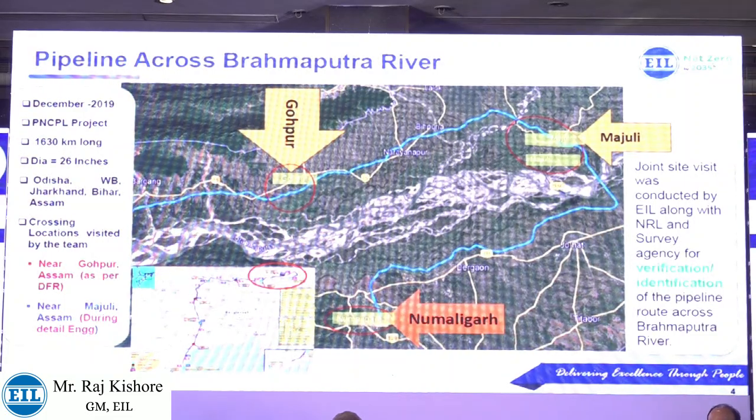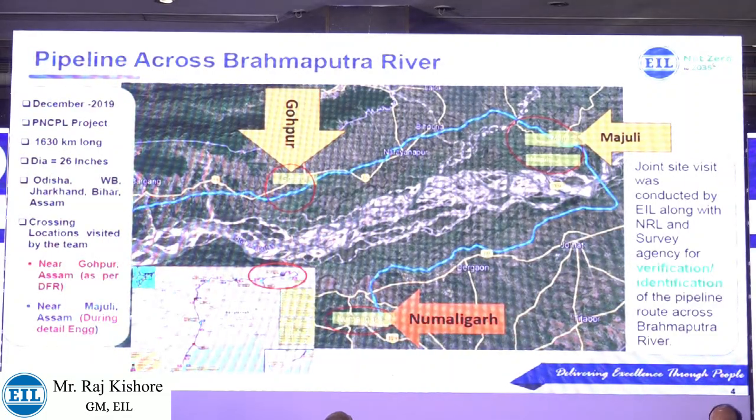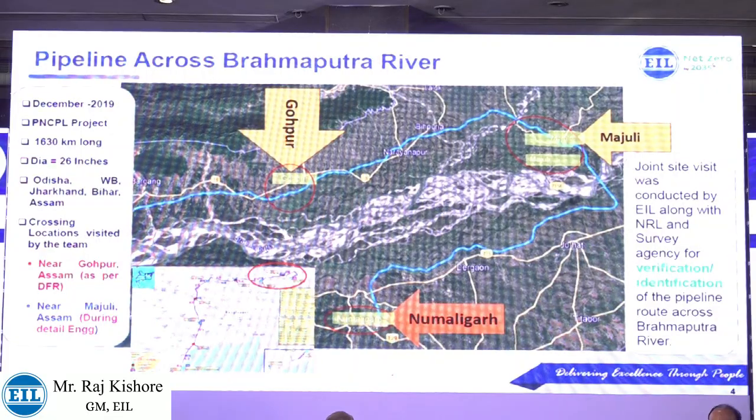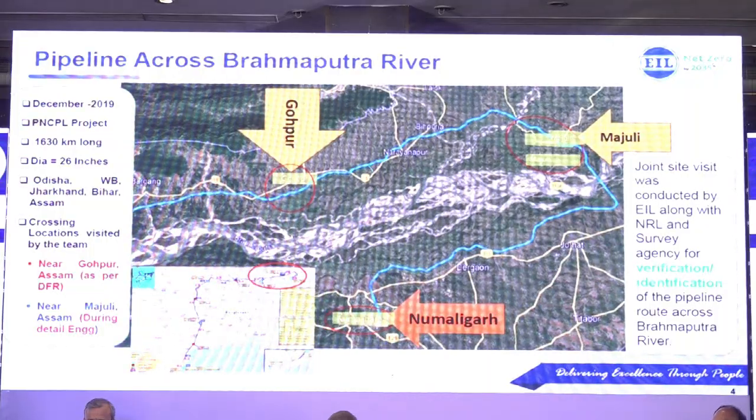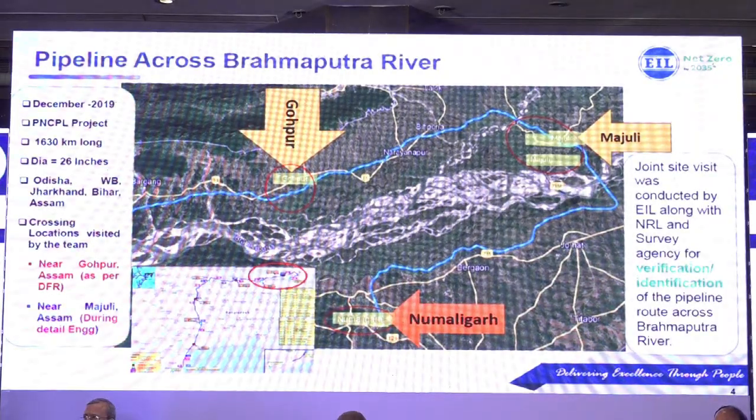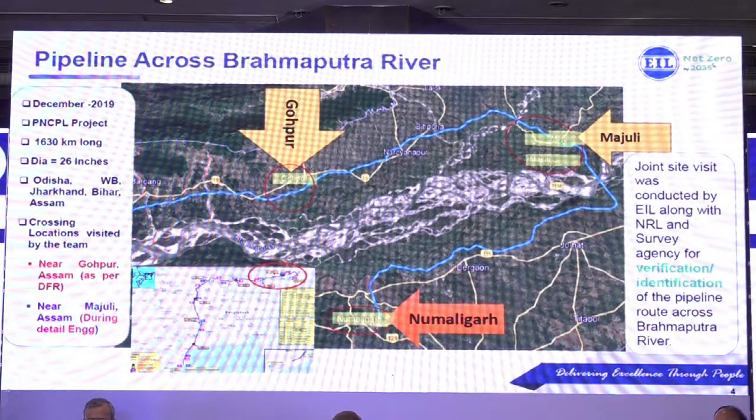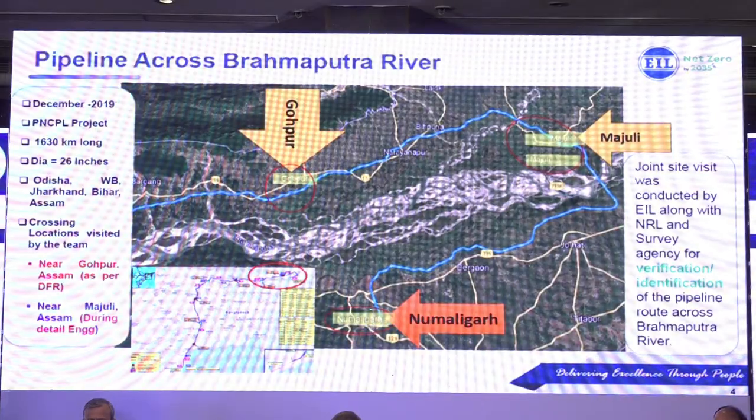During the design stage, at the DFR stage, this pipeline was supposed to cross from Gohapur directly to Numaligarh. This is Gohapur, and this is Numaligarh. The pipeline was supposed to cross this way.